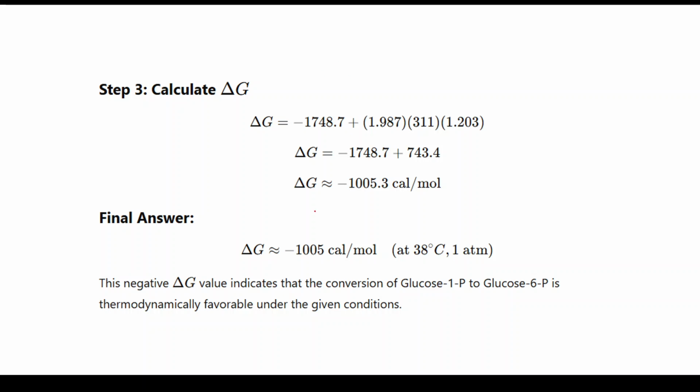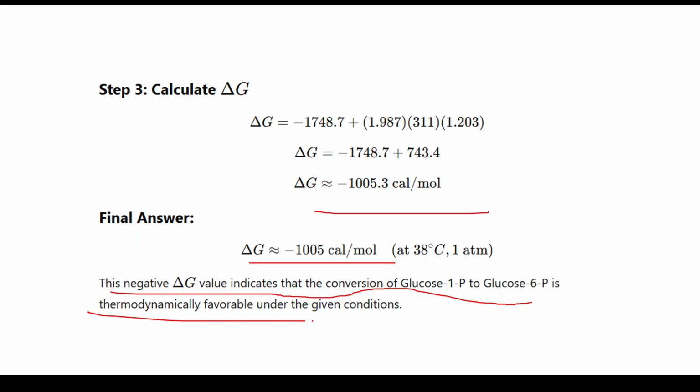So simply we got delta G. This negative delta G value indicates that the conversion of glucose 1P to 6P is thermodynamically favorable under the given conditions. When the delta G value is negative, the reaction is thermodynamically favorable. If it is not, then it cannot be favored by thermodynamics.